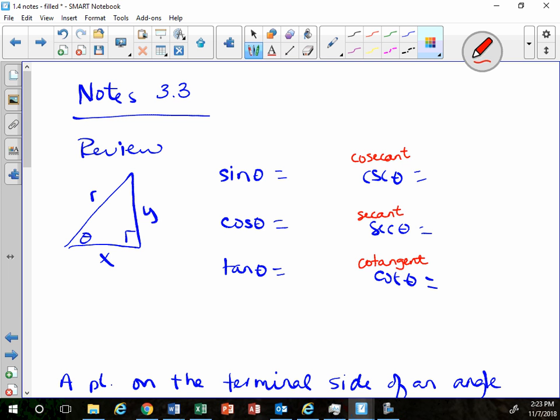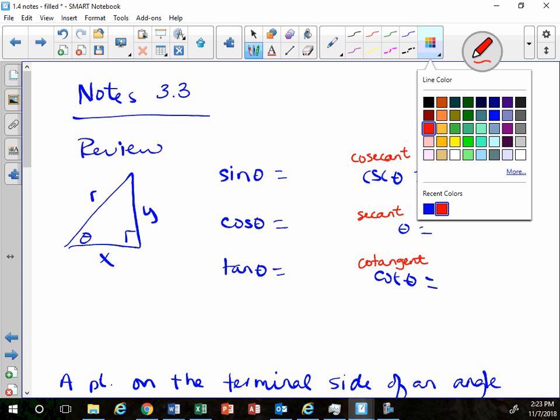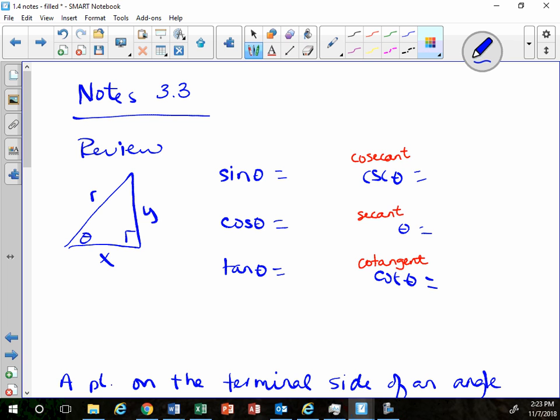Sorry, my E's and C's look a lot alike in this one. Secant is S-E-C. The third one is CSC, and the last one is cotangent.